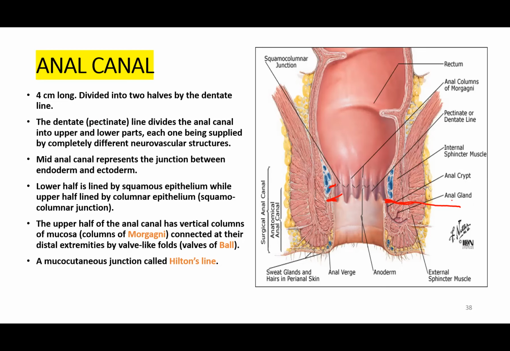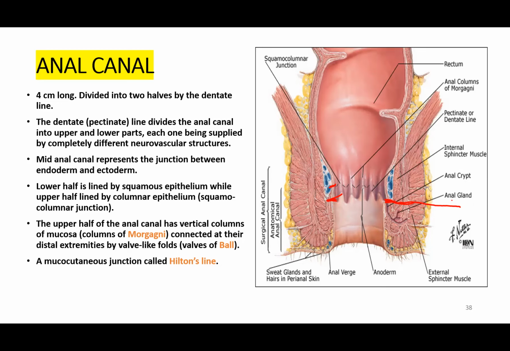The lower half is lined by squamous epithelium, while the upper half is lined by columnar epithelium, the squamo-columnar junction. And also you should know the color varies.